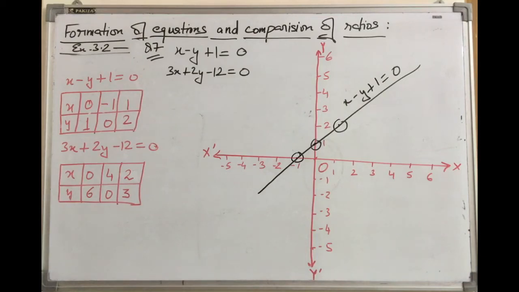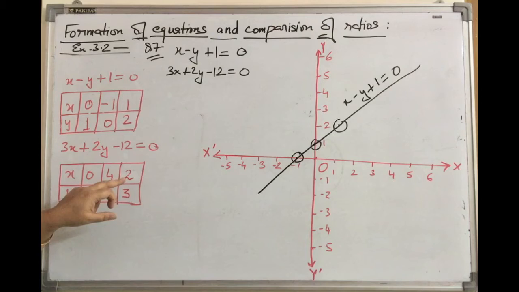Now let's come to the second equation. Again I have made the table for you. I'll quickly explain it. When you take x as 0, this whole term becomes 0, so the value of y is 6. When you take y as 0, this whole term becomes 0, so 3x will be minus 12, or the value of x will come 4.